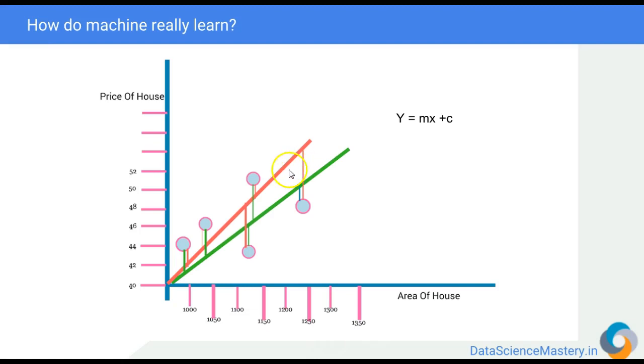Why? Because when I sum all these distances, it's the difference between what the actual prices are and what the model is predicting. If that is minimum, we could very well say that this line is best suited to represent these points.